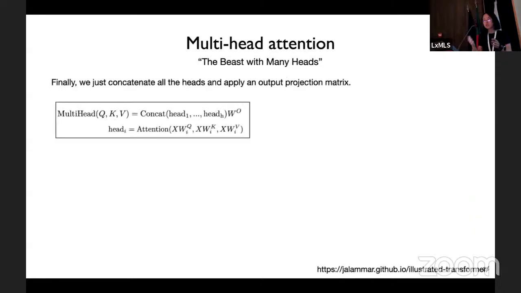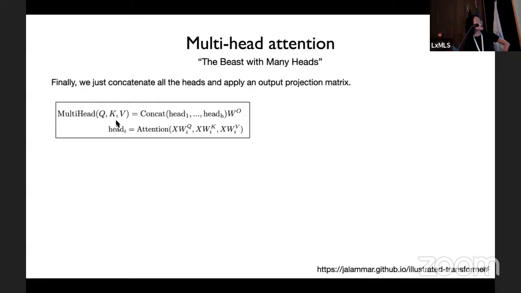And finally, you just need to concatenate all these different heads together, and then apply an output projection matrix to make the final output a fixed dimension. So essentially, for each attention head, you repeat this. You calculate this attention function with X times WQi, WKi, and WVi.